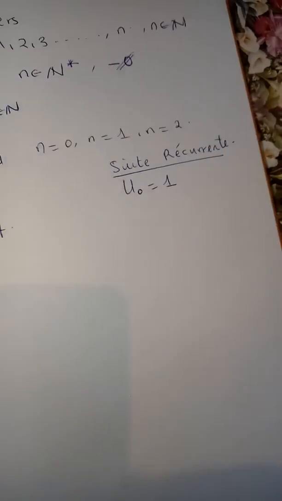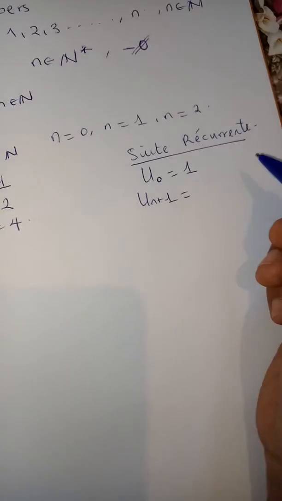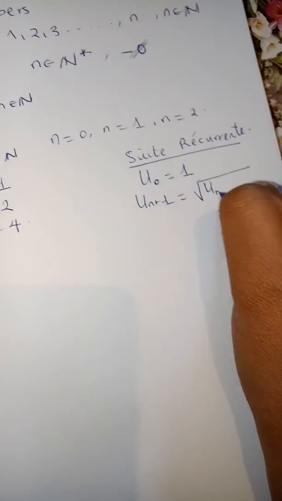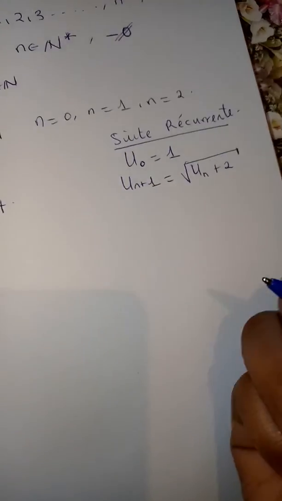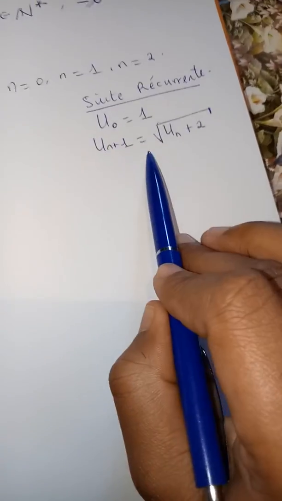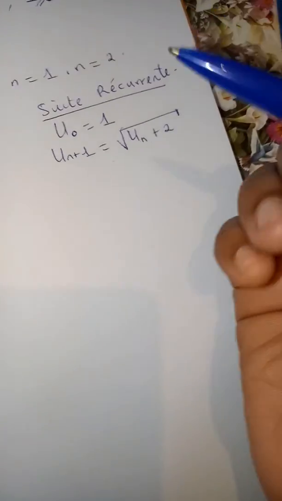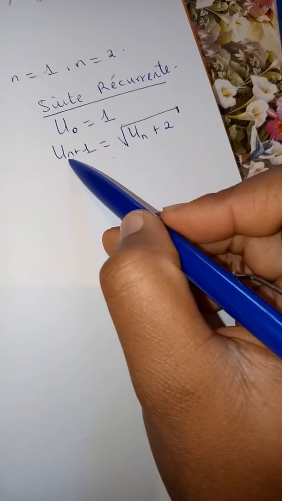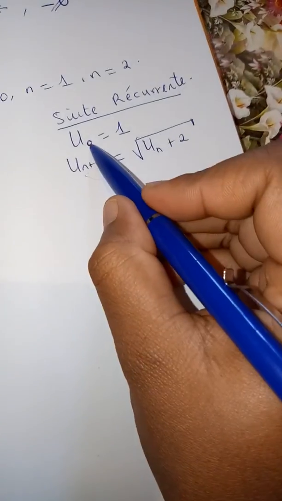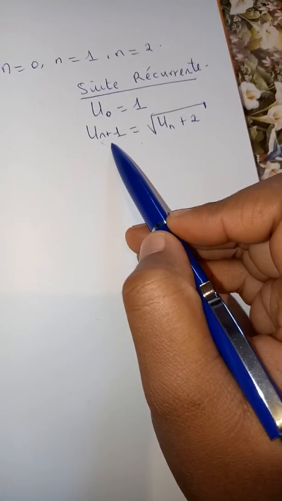Let's say it is 1, and the definition of that suite, let's say u(n+1) equals racine de (un plus 2). So from this first term, you'll be able to find the next term, and so on and so forth. Okay, let me give an example. Let's find the next 2 terms of this suite. We already have u0 as 1, so we can find u1 and u2.